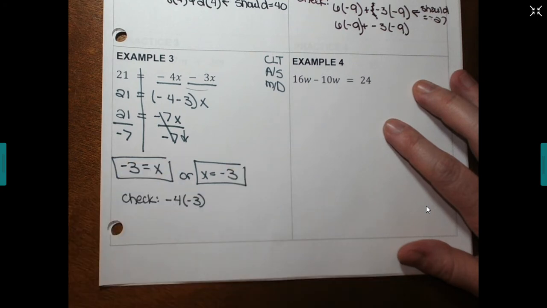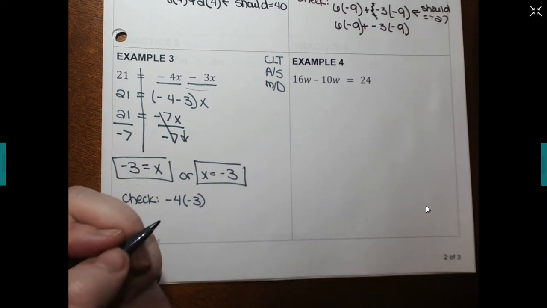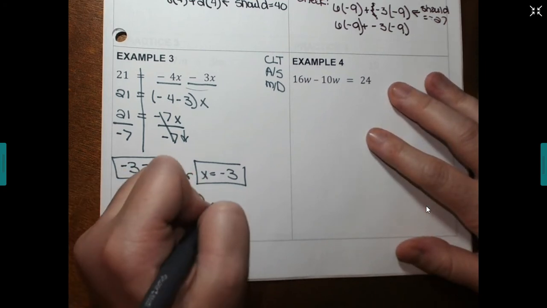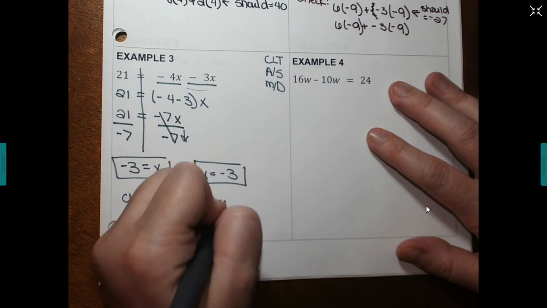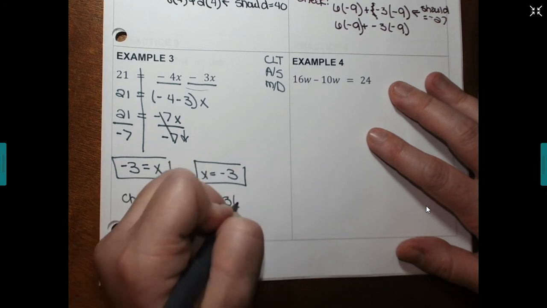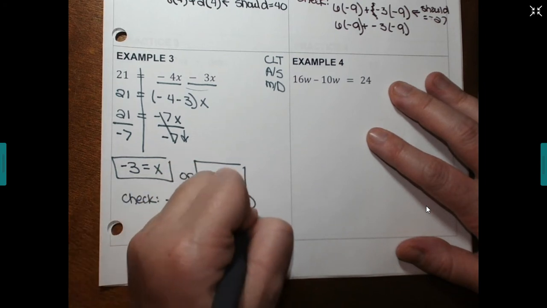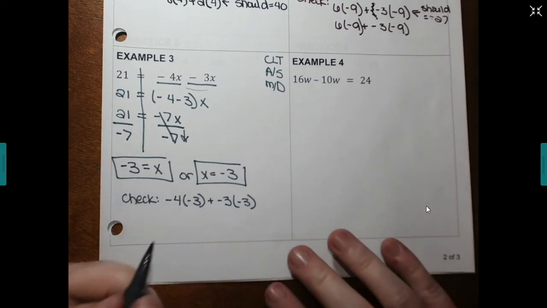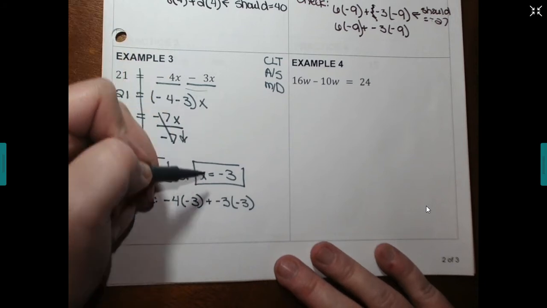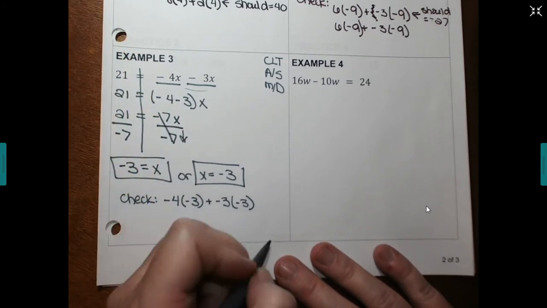Remember, I like to always plus, no, I don't. Oh my gosh, y'all. Yes, I do. So sorry. Plus, this is going to be negative 3 times negative 3. Guys, the reason that this plus doesn't matter is because we can always consistently do a plus then.